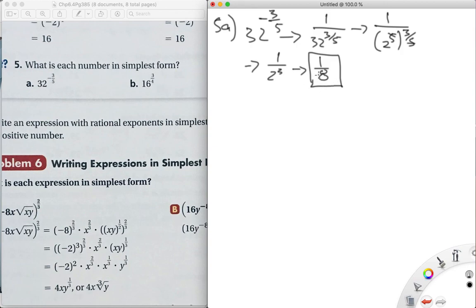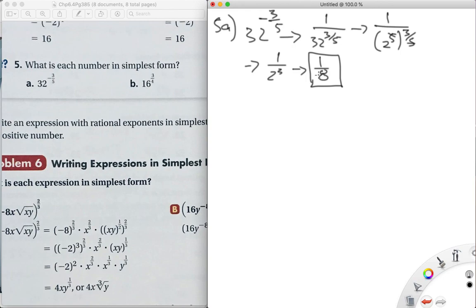Now, if you're not comfortable with seeing the fact that 32 is 2 to the 5th, you can always do the 5th root of 32, and that would get you 2, and then raising it to the 3rd power that way.